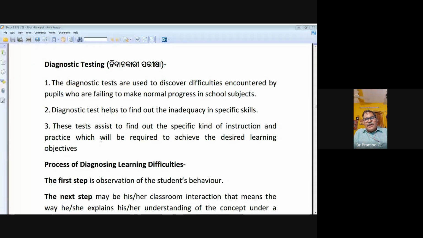He has not developed his thinking power and reasoning power. So specific kinds of instruction should be provided so that he is able to achieve success. Otherwise, he will not be able to achieve success.